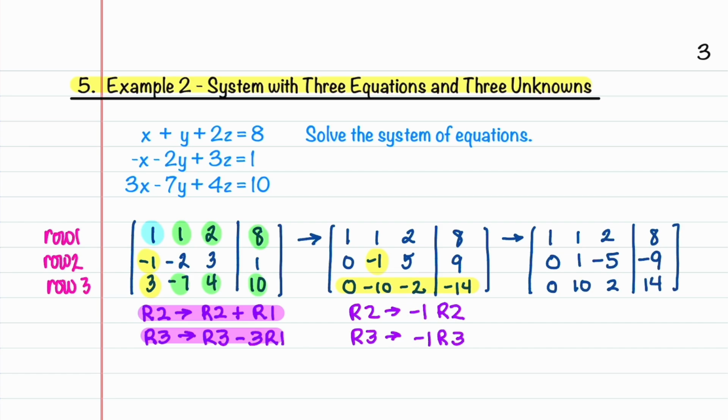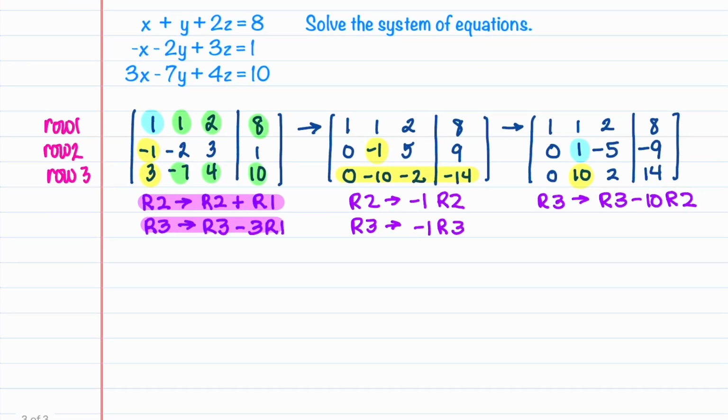What we need to do now is get this number equal to 0. So we're going to use the 1 above it to make that happen. The row operation that we're going to do is we're going to take row 3 and replace it with row 3 minus 10 times row 2. Let's see what this gives us.